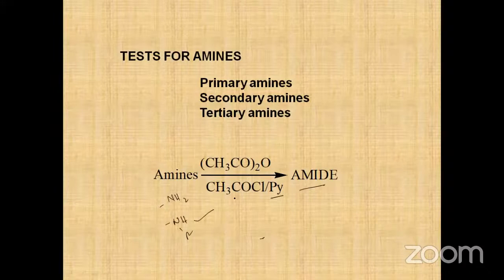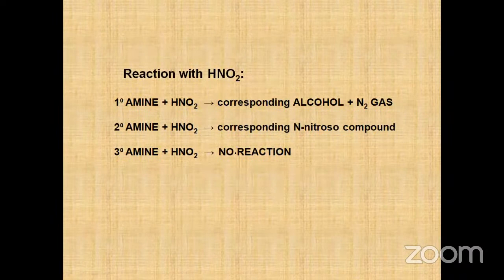Now, there is a single test we can use to easily differentiate whether the amine is primary, secondary, or tertiary. That is treating with nitrous acid in the cold condition, that is 0 to 6 degrees Celsius. The primary amine will convert into the corresponding alcohol and evolve nitrogen gas.